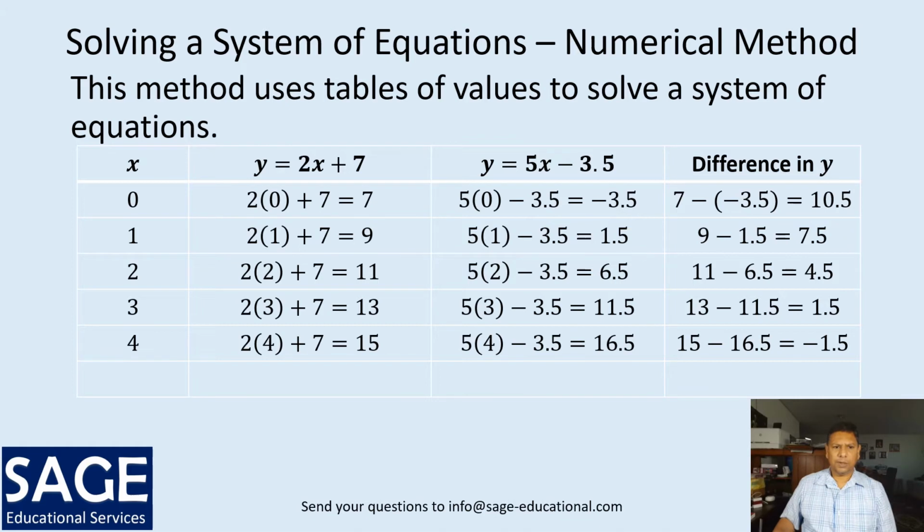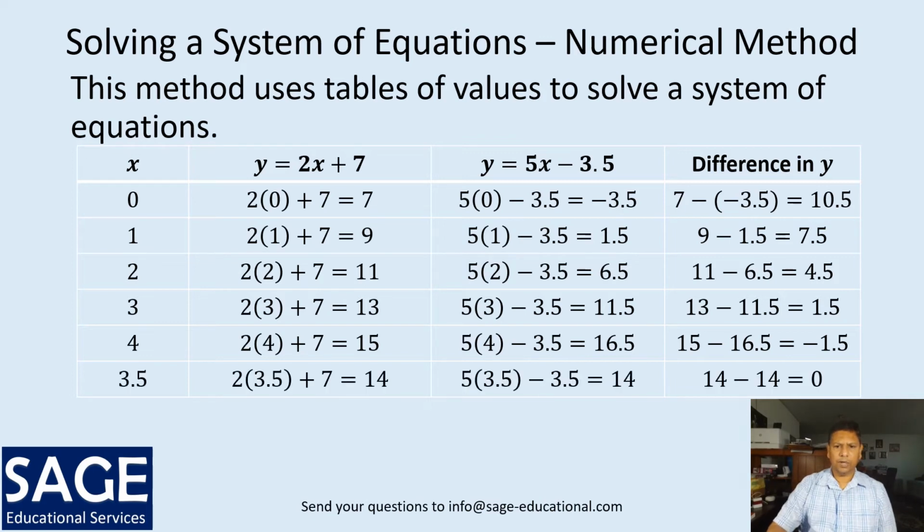But when we put x is equal to 4 in there, the difference in y becomes negative 1.5, which means that we crossed the 0 that we were looking for. So in the next row, we're going to find a value in between 3 and 4. So let's try 3.5.